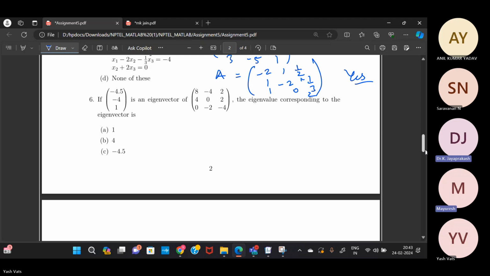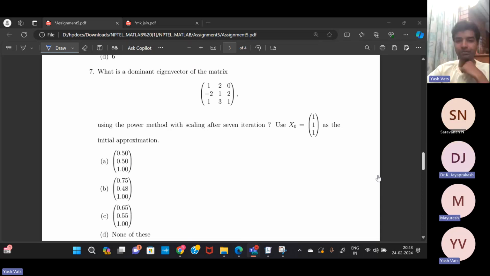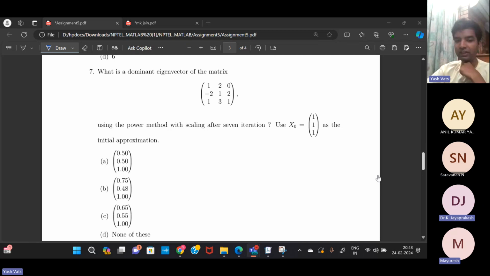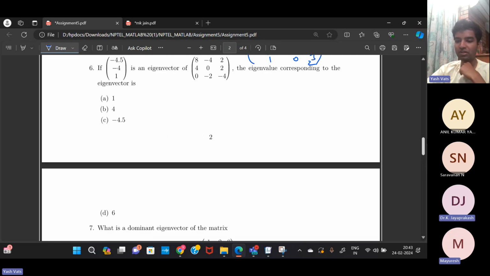This is right here. Power method is something you can study yourselves, the power method and the inverse power method. I will try to recall them in the next tutorial. Using the power method you can find the eigenvector and eigenvalues corresponding to a matrix.